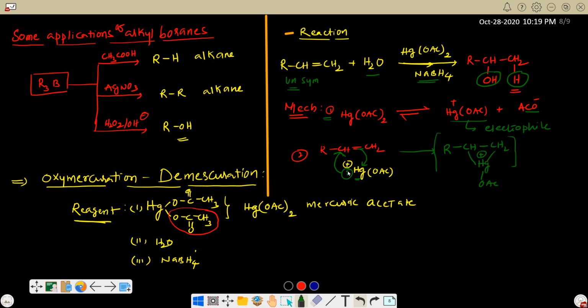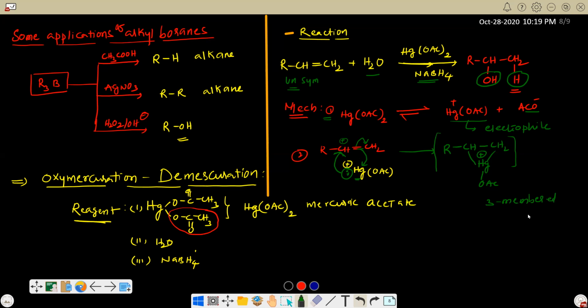Because mercury contains a lone pair. If this pi bond shifts to here, this carbon gets a negative charge. The negative charge makes a bond with the positive mercury ion, and this carbon gets positive. That positive again takes electrons from the mercury lone pair. So this three-membered ring is formed here.